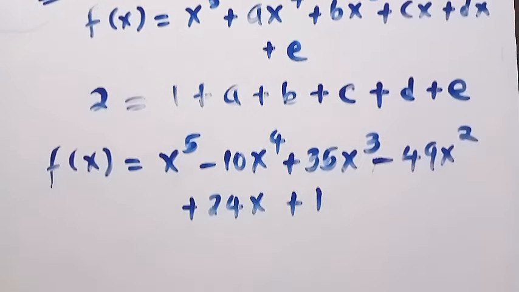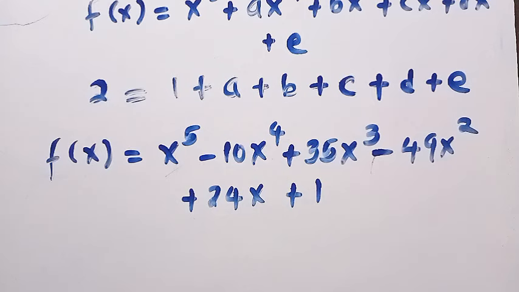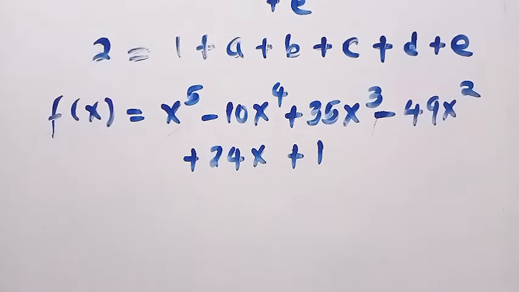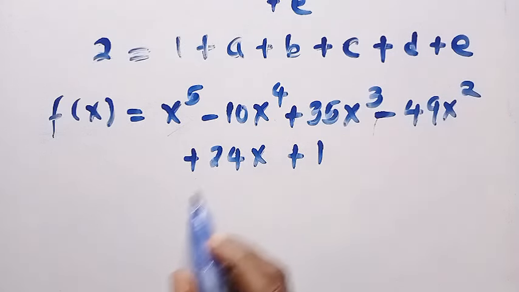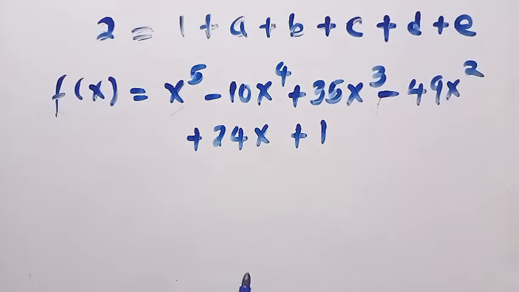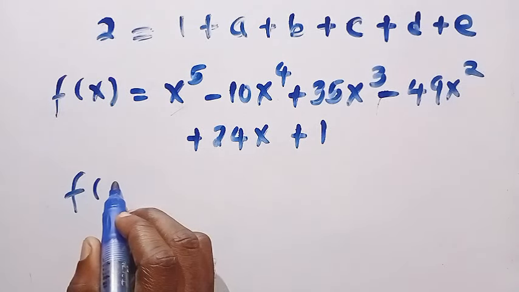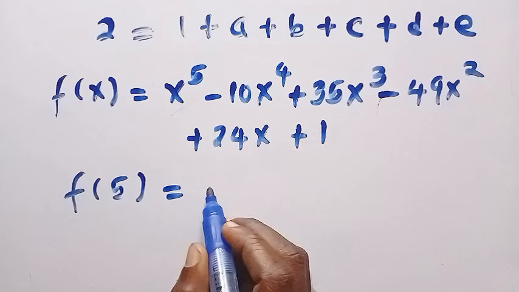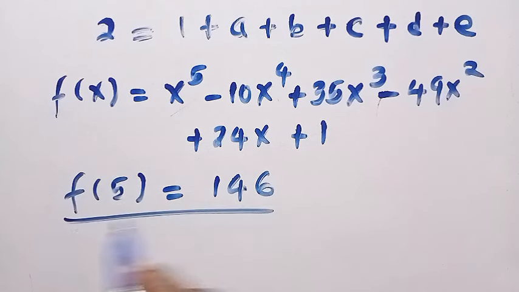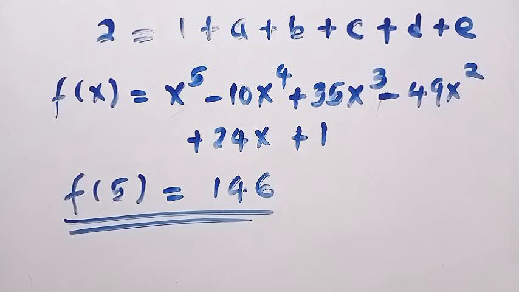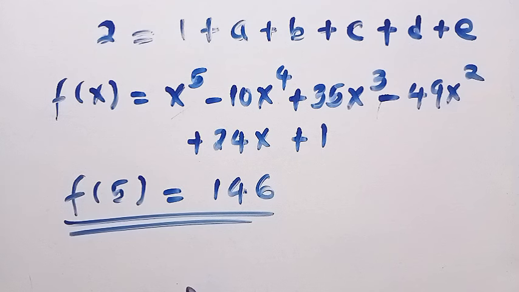When we solve by the simultaneous equation method, we get it. If we plug in x equals 5, we get the answer 146. So this is the answer to f of 5, but this looks very long because I didn't show all the steps. So there is a better and easier way of solving this.